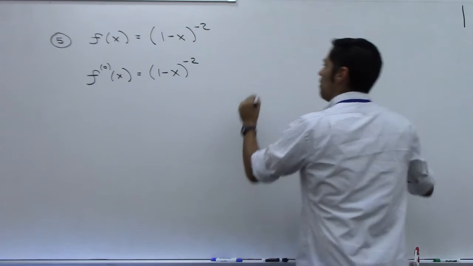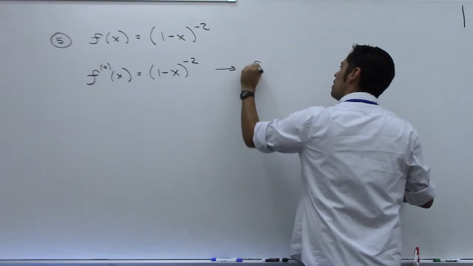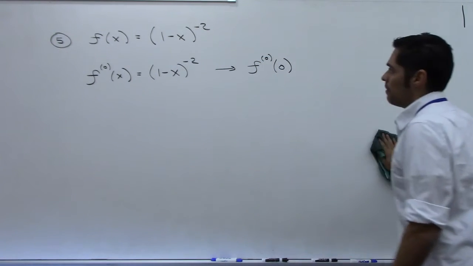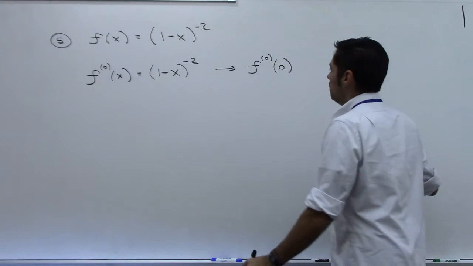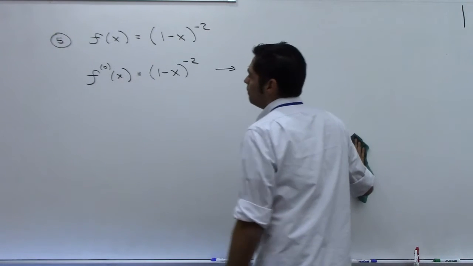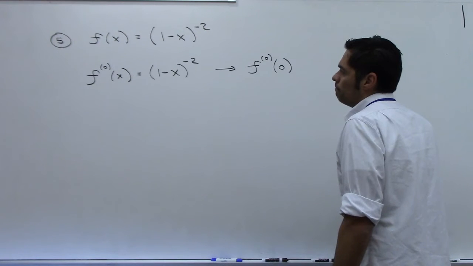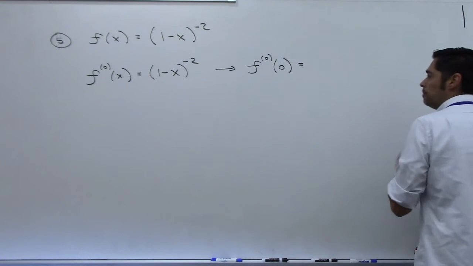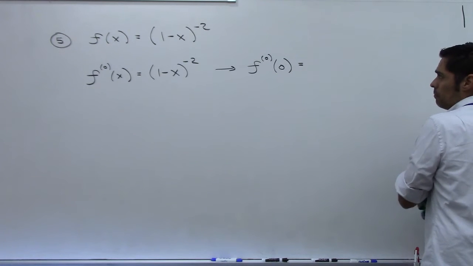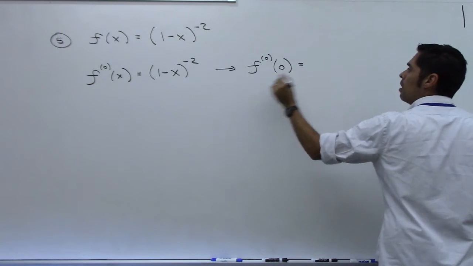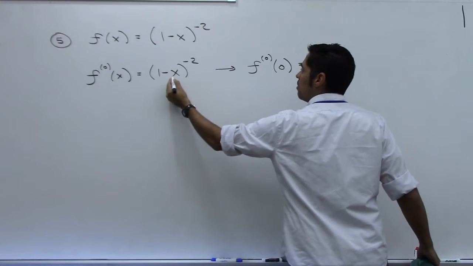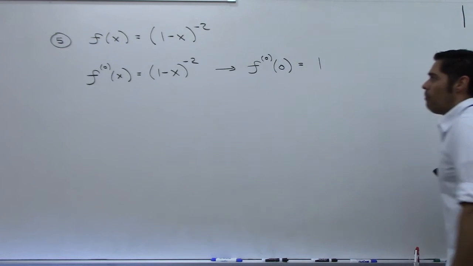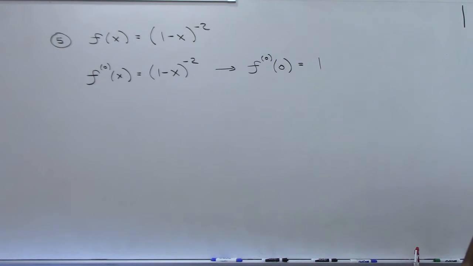Now next to this, I'm going to write down the 0th derivative at 0. Plug 0 in here, and you get 1 raised to negative 2. That's just 1. So that's no big deal, just 1.